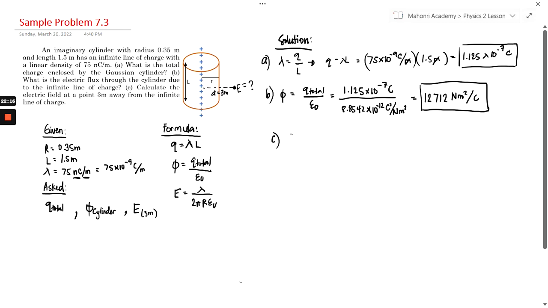We've discussed how we can measure that. We've derived the equation. If we want to measure the electric field at a certain distance, we just have to take the linear charge density divided by 2 pi r epsilon naught. So you have to calculate that.